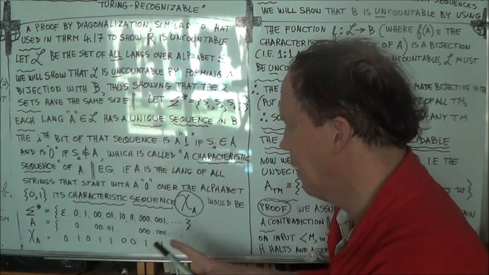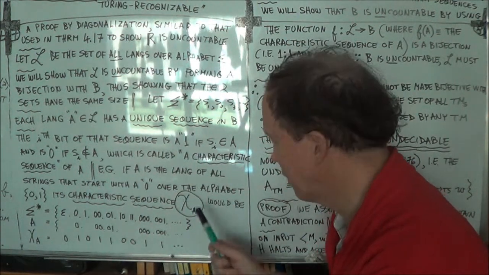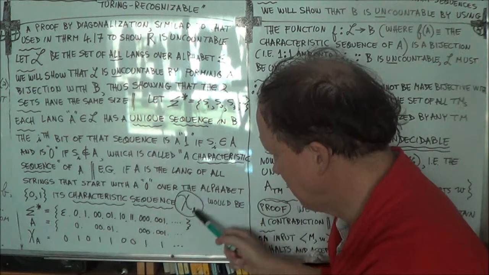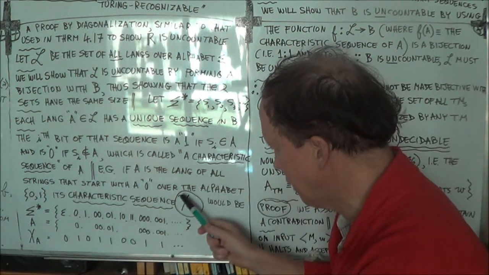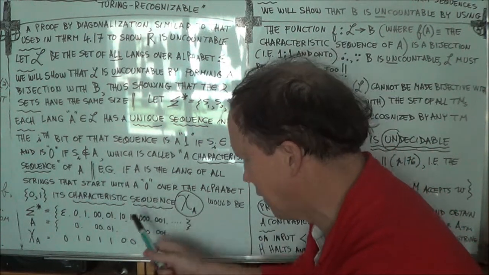Now, here is a characteristic sequence of this language. It's written with the capital Greek letter chi, with suffix A. This symbol means it's the characteristic sequence of the language A. Now, what is a characteristic sequence?